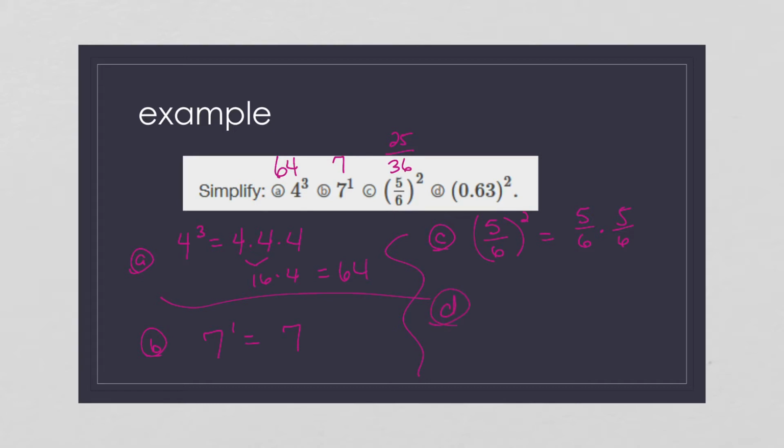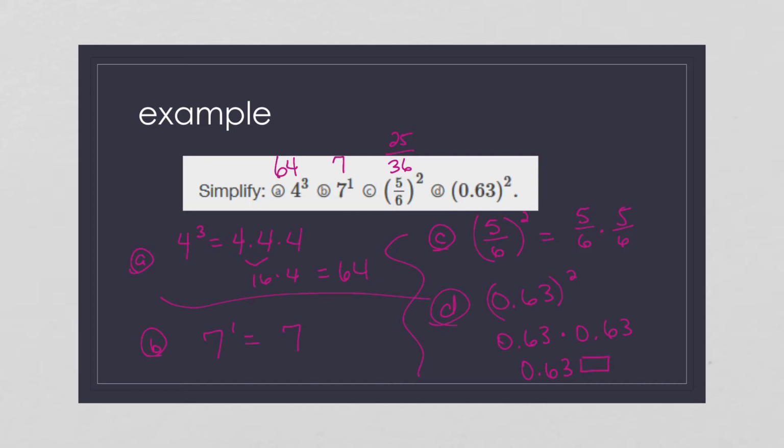Part D, I don't like to do decimals. So I've got 0.63 times 0.63, and you know what? I'm going to grab my calculator. I'll write down what I typed in. I typed in 0.63, and then my calculator has a squared button. For buttons I'm going to put them in a little square.